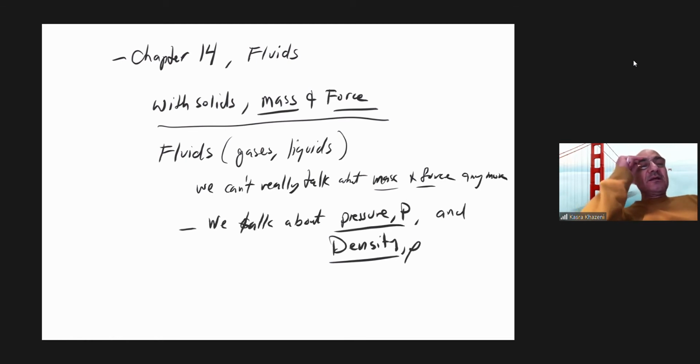So you can't really talk about the mass of this thing unless you talk about the entire mass of the air contained within the atmosphere of the Earth. So it makes so much more sense, if you're locally in a laboratory dealing with air, to talk about its pressure and density rather than its mass, which is pretty weird to talk about. Unless you bottle it up into a container or a balloon, then you can talk about its total mass, as well as its density and pressure. And of course, temperature is another factor when you talk about fluids as well.